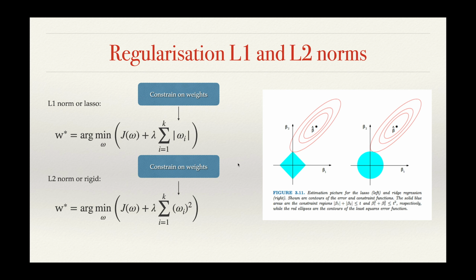Now, what is the meaning of these two graphs here? We see a circle here and a rectangle, or a square, here. These are two parameters, like two weights, omega 1 and omega 2, or beta 1 and beta 2. This is our cost function. This basically represents this part of the formula, and this also represents this part of the formula.